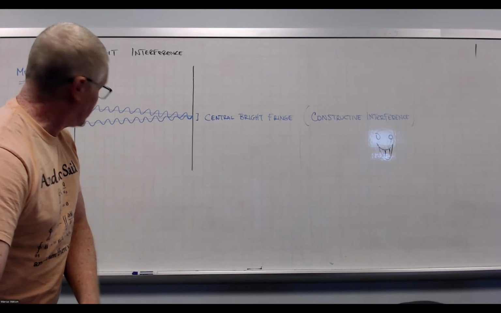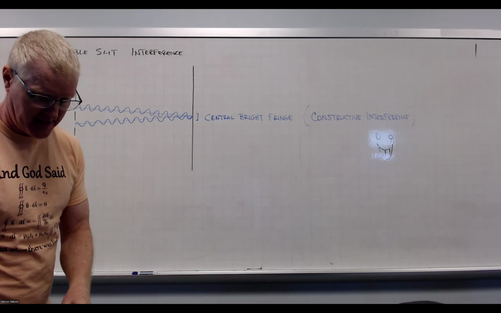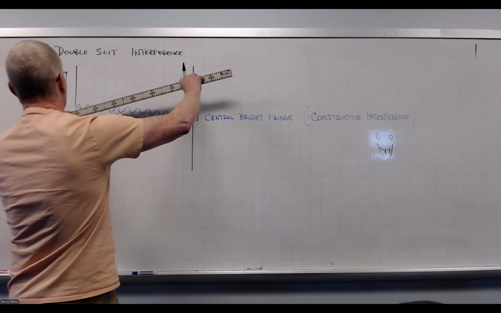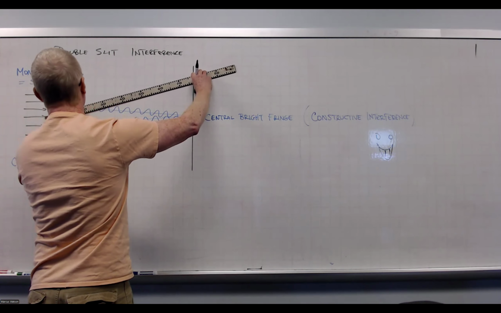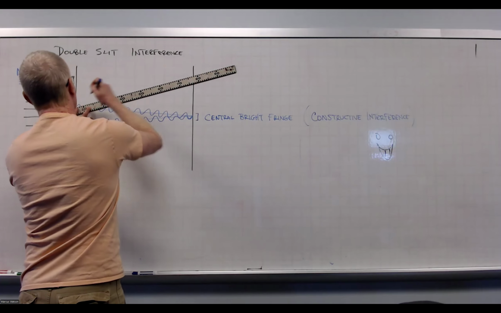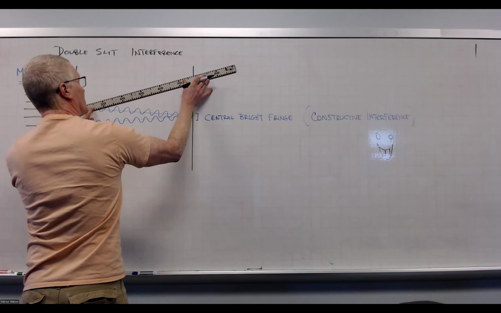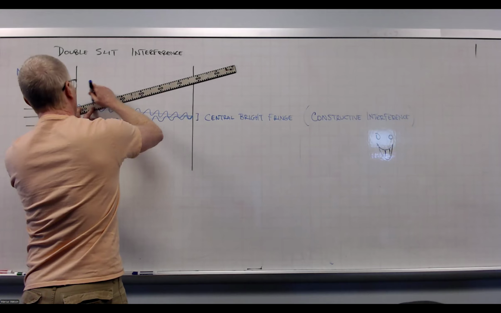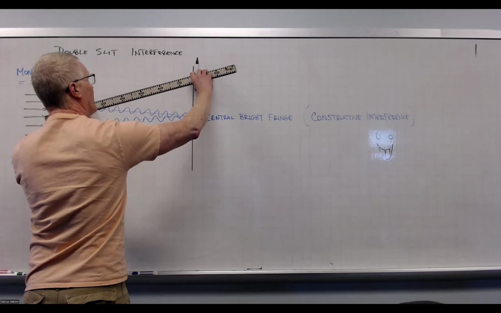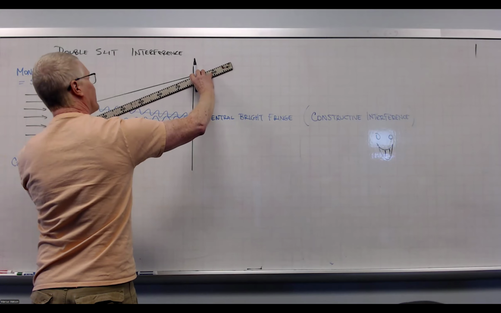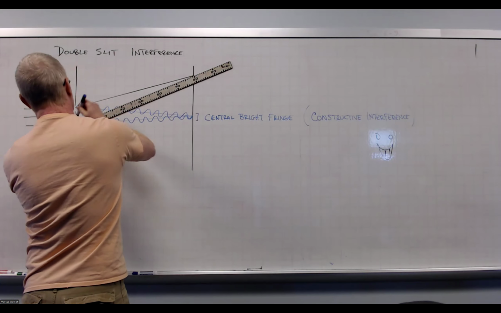If I do, say, this, I'm going to look at the path taken by the upper wave to this point here, and compare that path to the path taken by the lower wave, which is here.